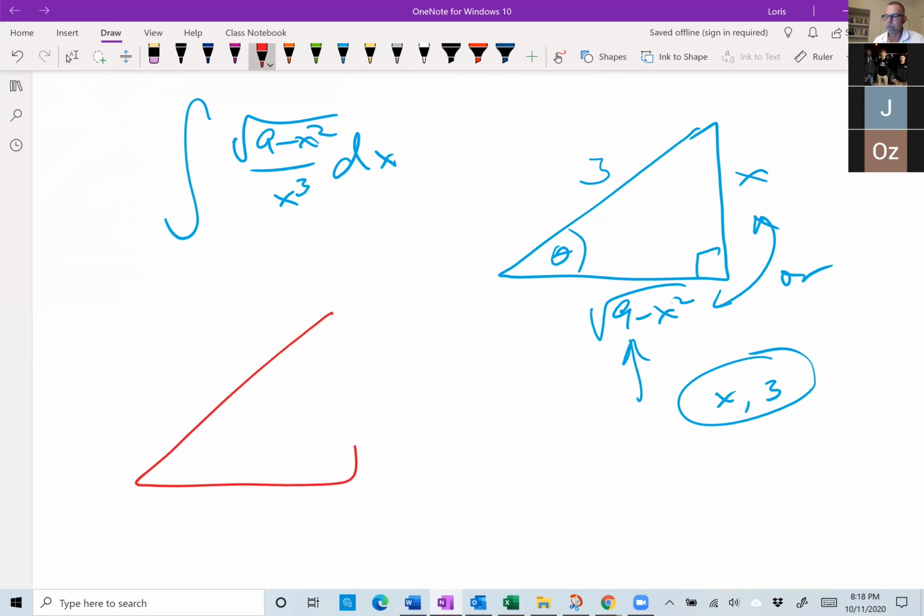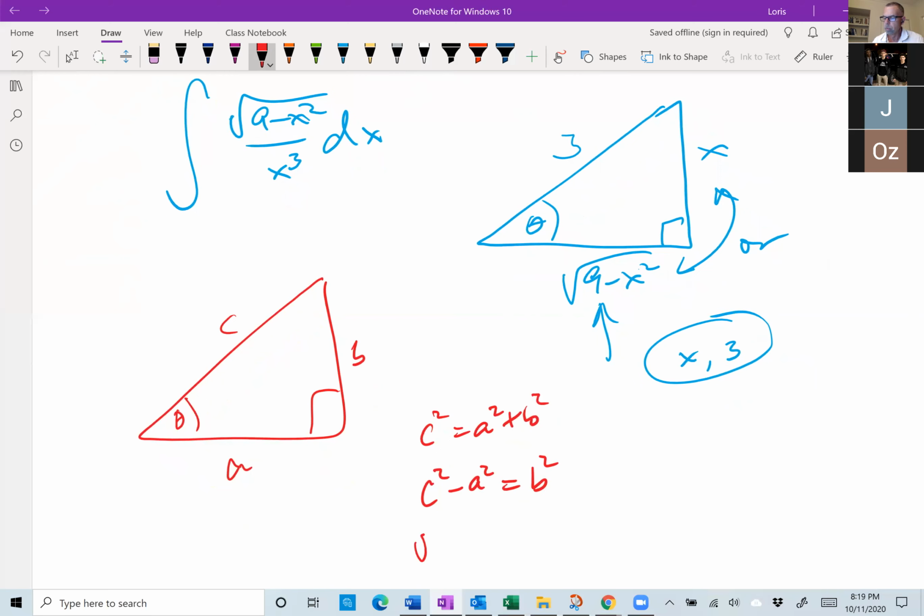Go back up to that: a, b, c. C squared is a squared plus b squared. Move one of them over. Take the square root of both sides. Notice that c comes first with a minus inside. In other words, 3 has to be the hypotenuse.